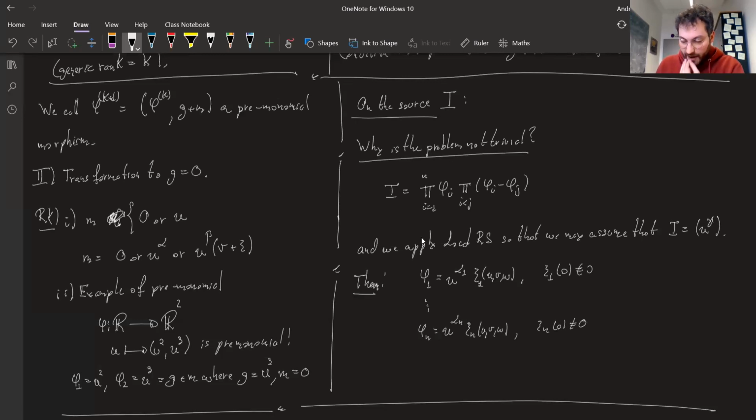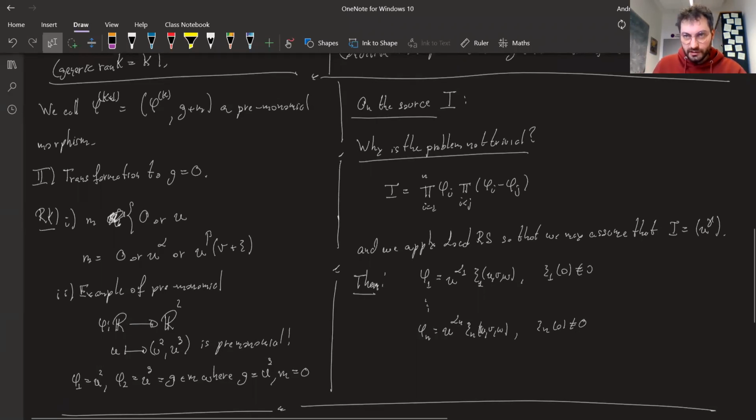Because each one of them has to divide this u to the gamma, and therefore it has to be u to some power times a unit. So if we do this, assuming that none of these phi's are 0, taking away the phi's which are 0, we can bring it to this form.